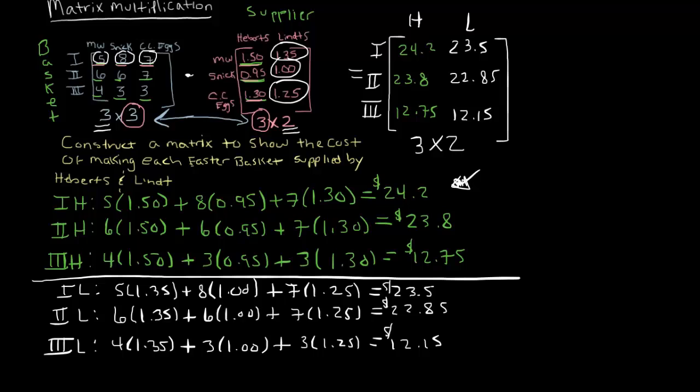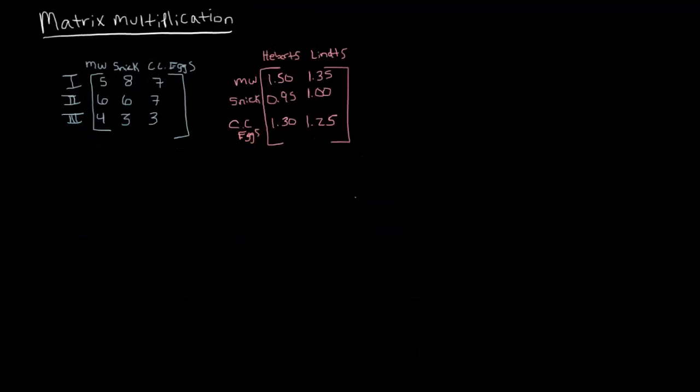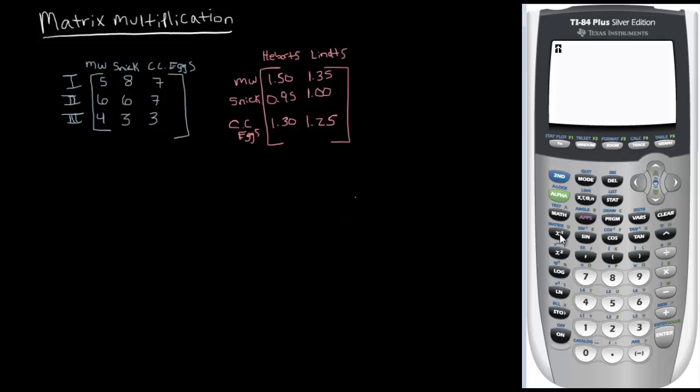I haven't really specifically set the rules, but I have at least showed you what has to happen to multiply 2 matrices. Now, this all can be done also on your calculator. I've already entered these 2 matrices into the calculator, so I'll just show you that.